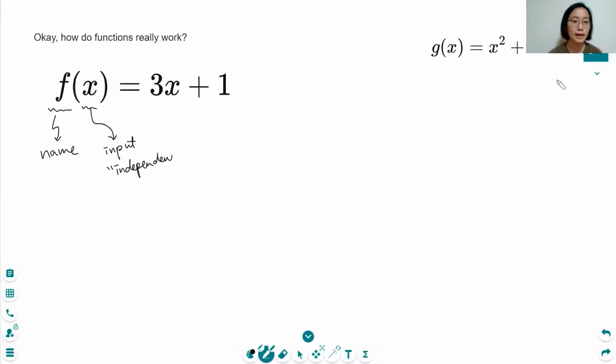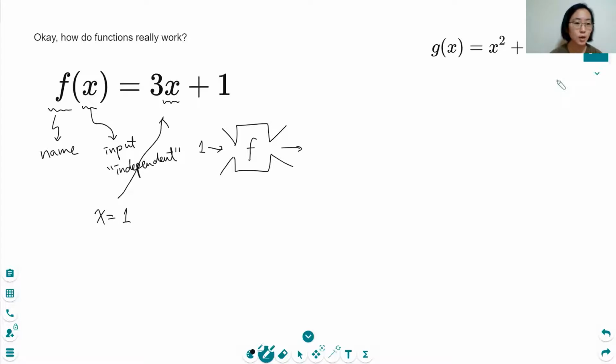Before, I talked about functions in terms of slots. x is the slot here. If we look at the right side of this function, we see that there is a slot for the input. Let's say I put in 1 in this machine, and I'm going to draw a very badly drawn machine again. What would be the output? Since x is a slot, I'm going to substitute x equals 1 into that equation.